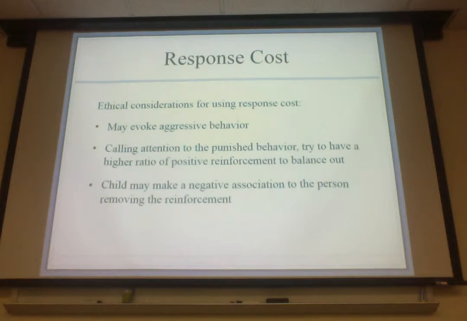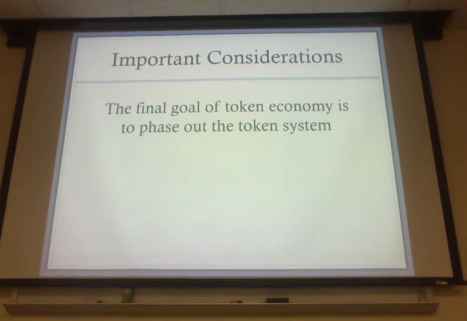And the child could make a negative association with the person removing the reinforcement. If you take away that token from them, they're probably going to lash out at you a little bit, so don't take it personally. You have to have a high ratio of positive reinforcement, that way you can balance that out.